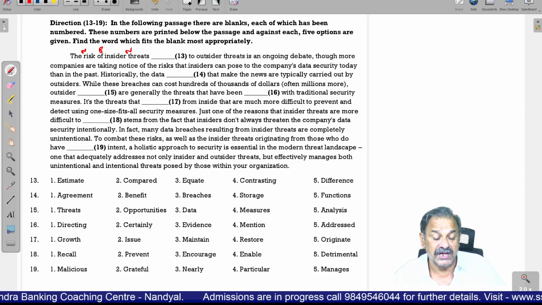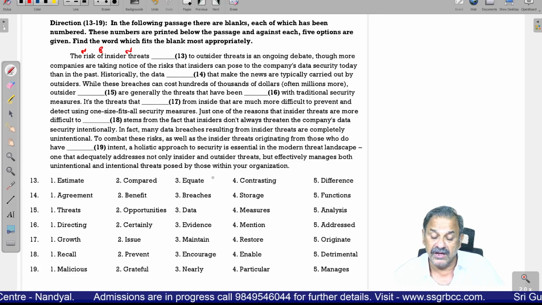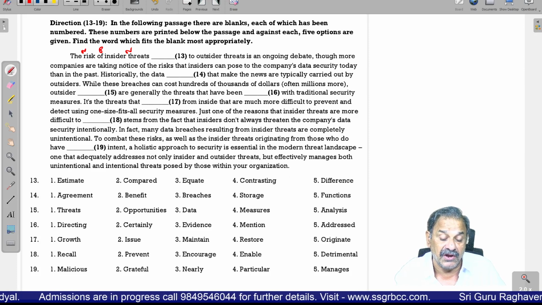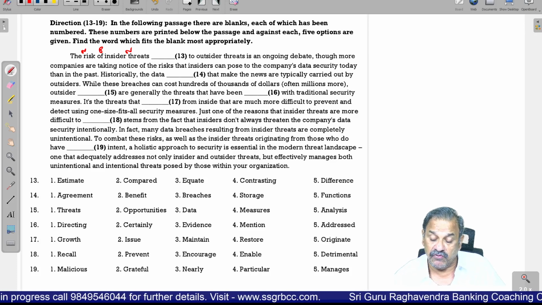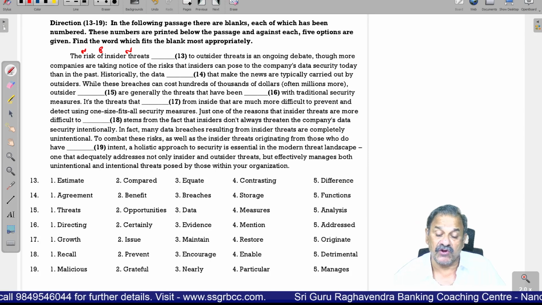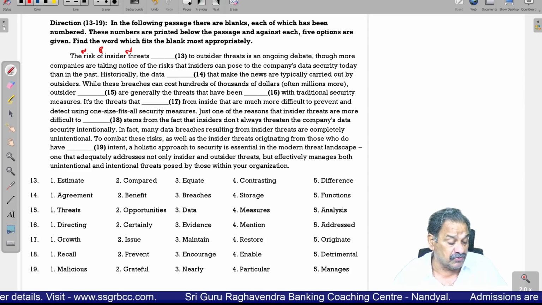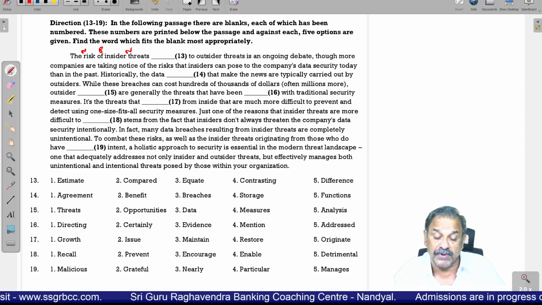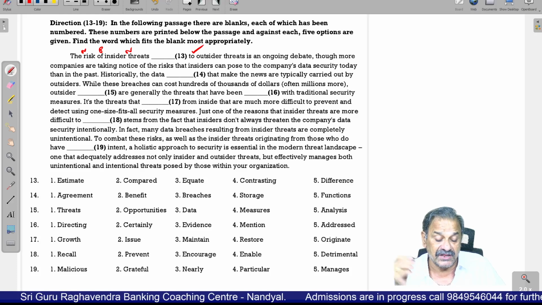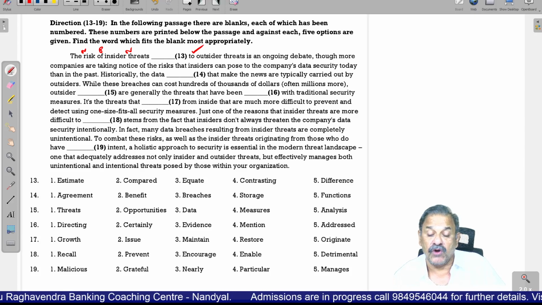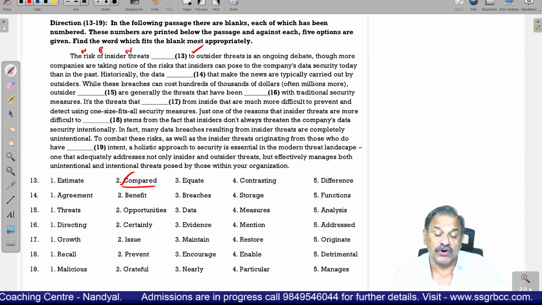Then automatically you have to use the singular verb. Estimate is not, compare not, equate. The risk of insider threats compared to, estimate to, equate to, contrasting to, difference to, outsider threats. Here he is saying how it stands compared to outsider threats. The preposition to is used, and it compares. So compared to. As per the context we have to use compared to outsider threats.